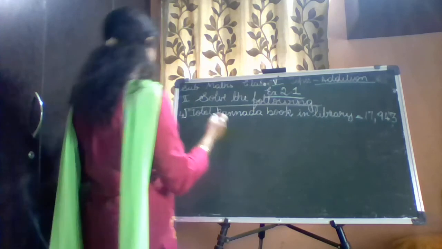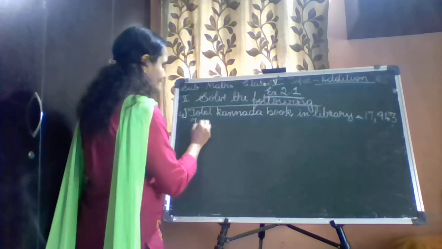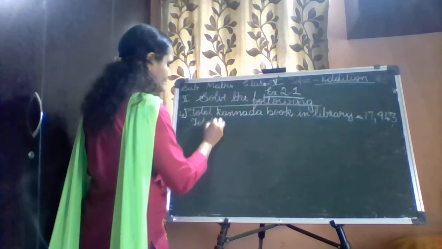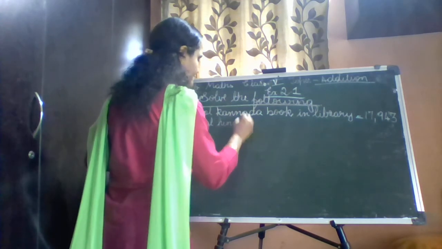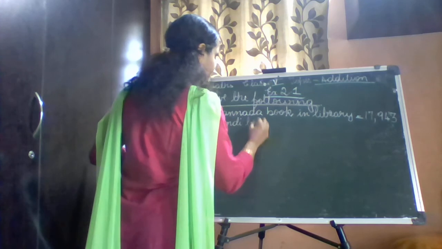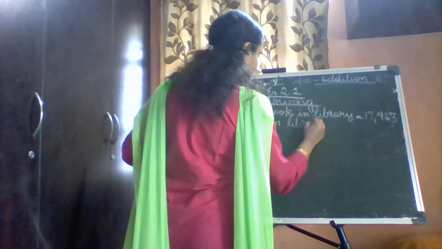So Kannada books are 17,943. Now we'll write about Hindi books. Total Hindi books in the library.